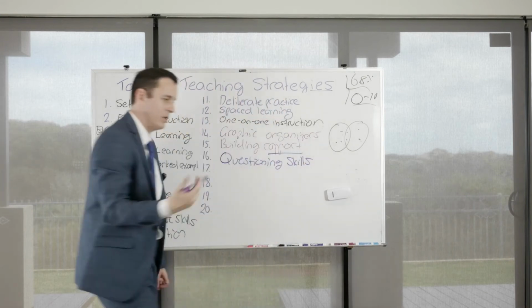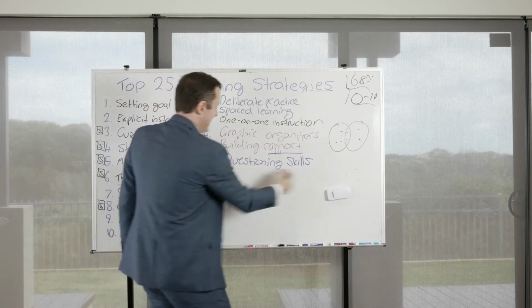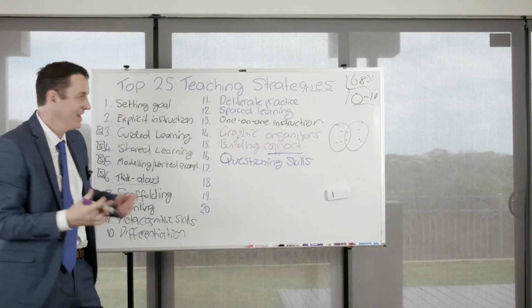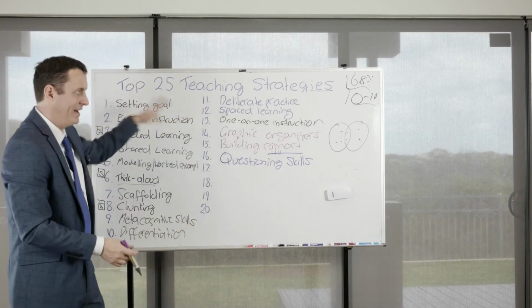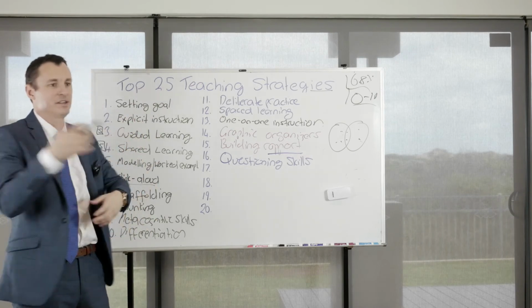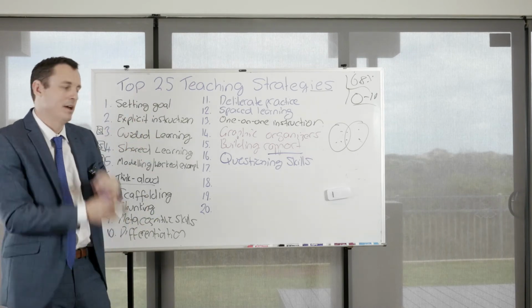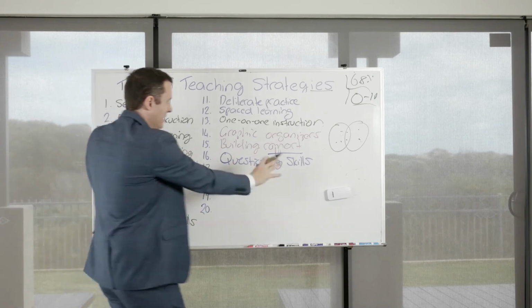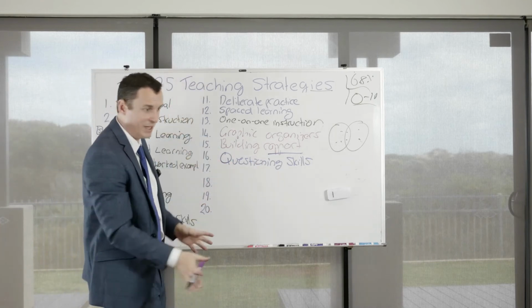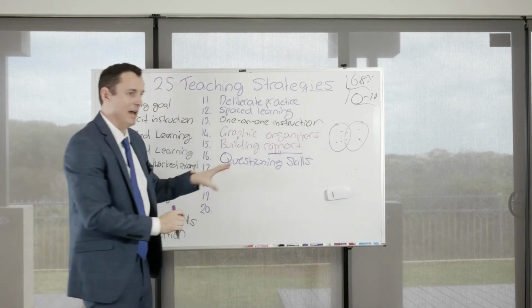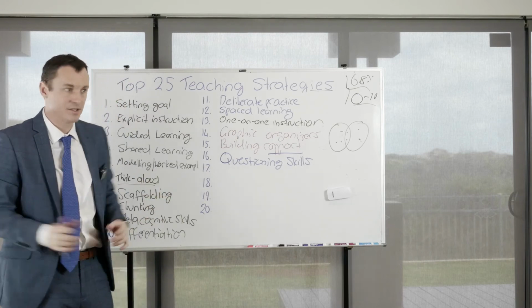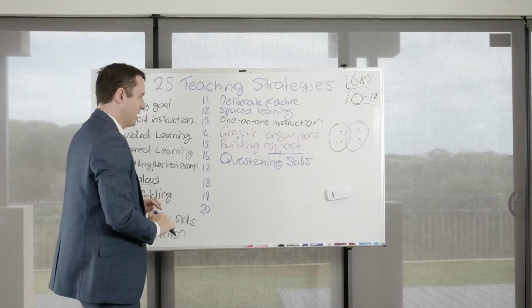I like to use this as an actual strategy per se. How I categorize these things, and whether they're strategies or techniques or skills or whatever, who cares? There's something that we spend a huge amount of time doing. Therefore, we should think about them and think about what best practice is. So, I just chuck them all in there.